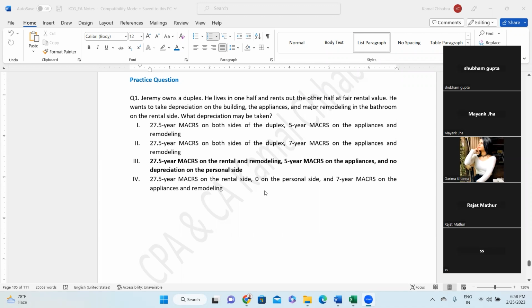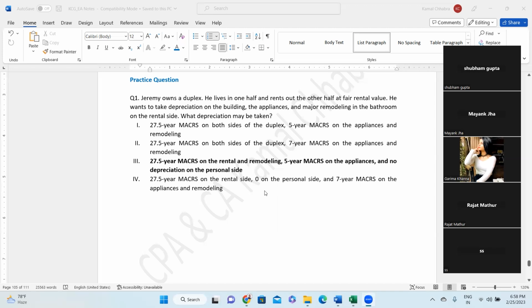For residential property, what is the depreciation life? 27.5 years. Are you guys with me? Yes, sir. And for non-residential property, how much is the life? 39 years, right? So 27.5-year MACRS on rental, the area which you have provided on rental.